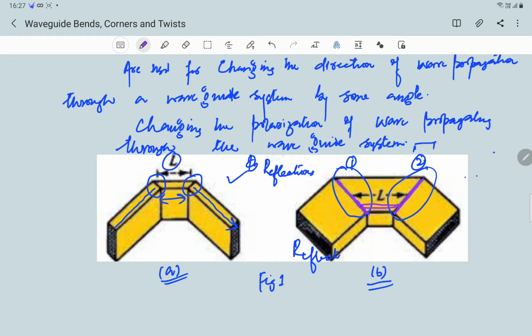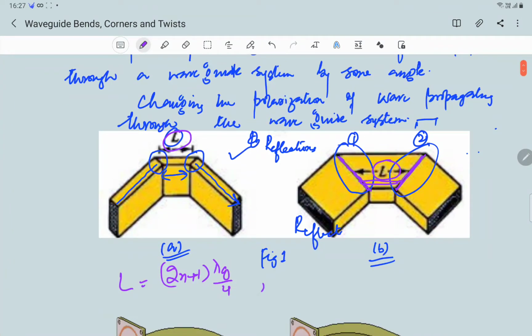So this length L in both the cases should be an odd multiple of lambda g by 4, so as to avoid the reflections, where lambda g is the guided wavelength.